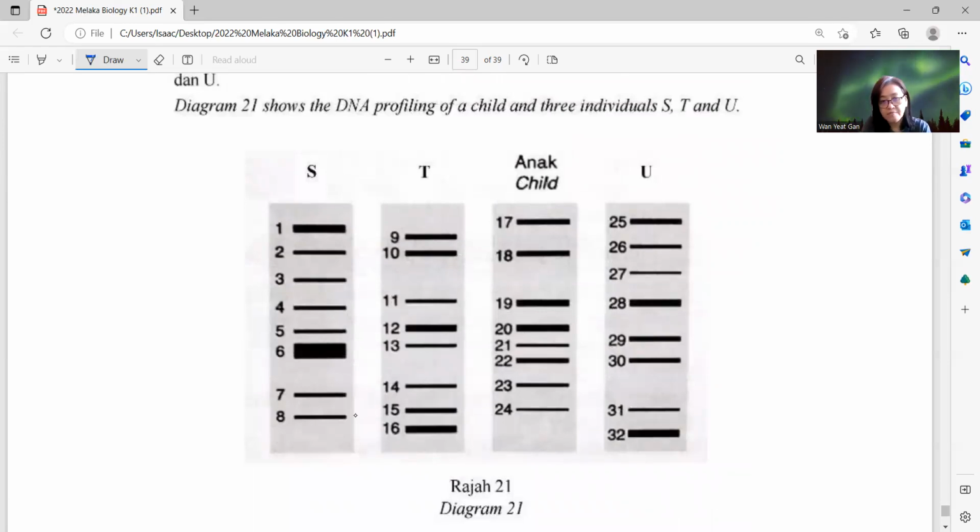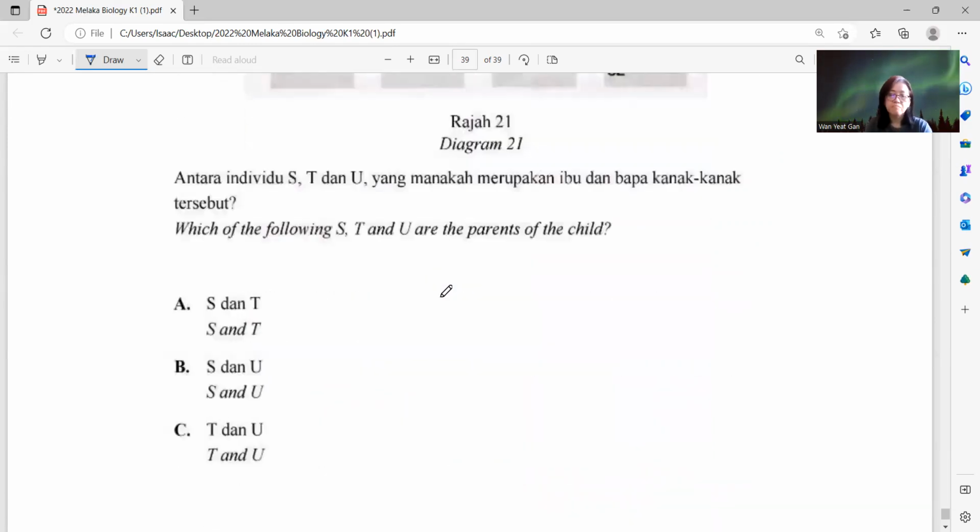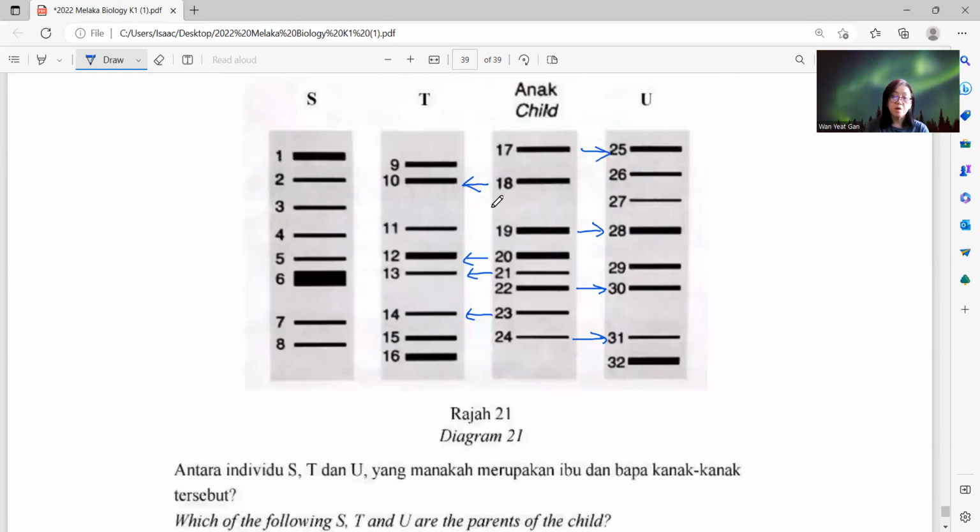So to find the parent, so this one matches, 18 matches with 10, 19 matches with this one, 28, 20 matches with 12, 21 matches with number 13, 22 matches number 30, 23 matches number 14, 24 matches number 31. Okay, so the parent is most likely T and U because the DNA matches with the child.